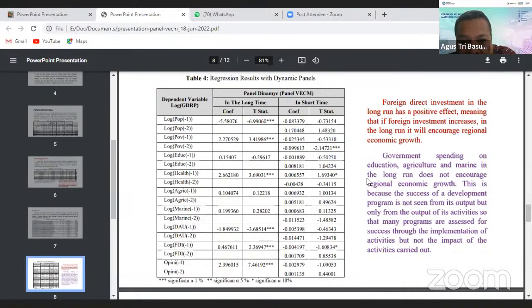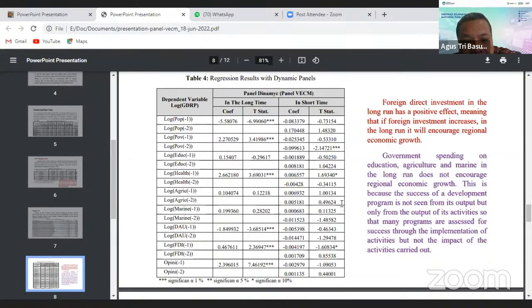Okay, you can see this is the dynamic panel result. This is a problem in the short term for FDI. FDI has a negative effect on GDP. This is a big problem for Indonesia.